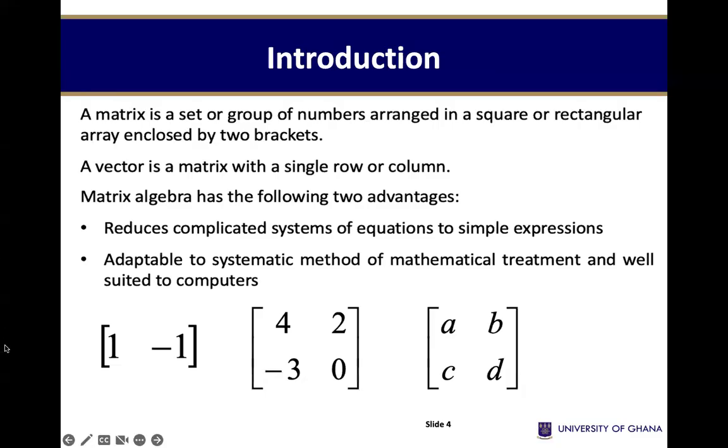You can look at this example and see that this is a rectangular form of a matrix. This is a square form of a matrix. This is also another square form of a matrix. And what is inside is what we refer to as the elements, or basically the numbers. That's what happens when we are dealing with these kinds of matrices.